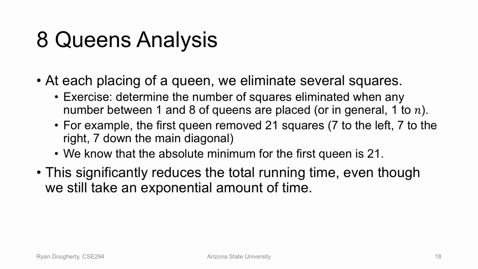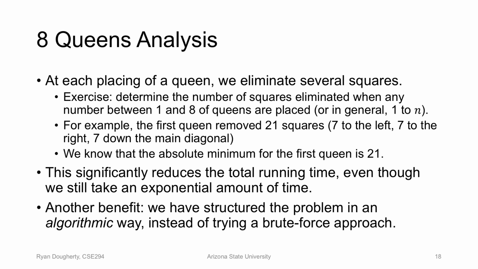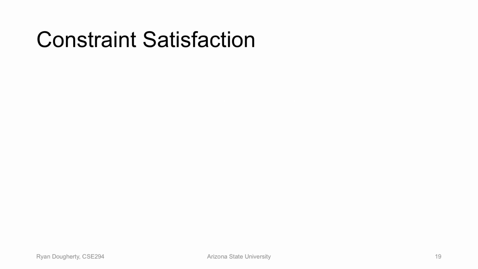So it may do 2 to the n different possibilities here. So it still could be exponential here. But the good thing about doing it this way is we're going to be structuring it in an algorithmic way. There's a structure for finding a solution if there is one. It's not just this haphazard try everything. We're actually doing this in an algorithmic way, which I think is the more important thing to do.